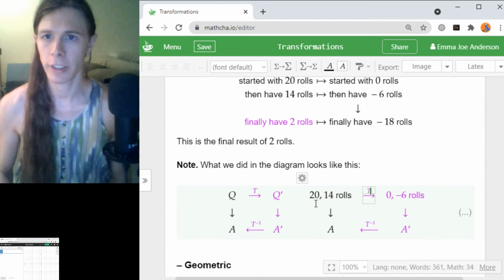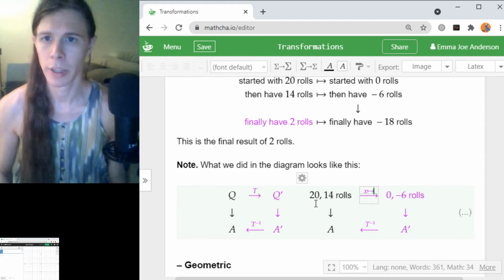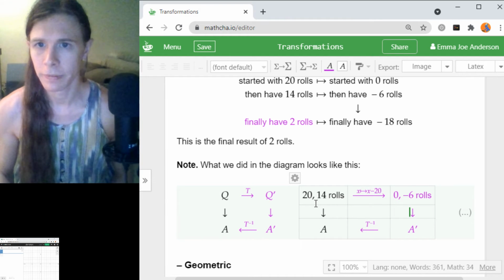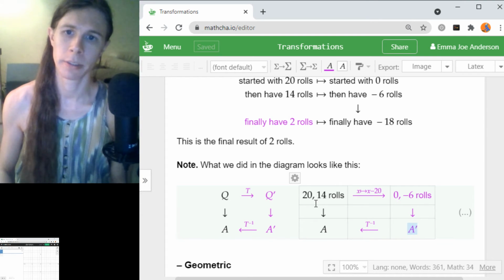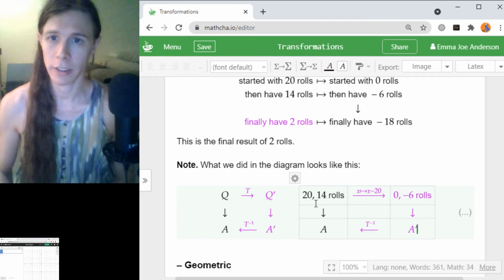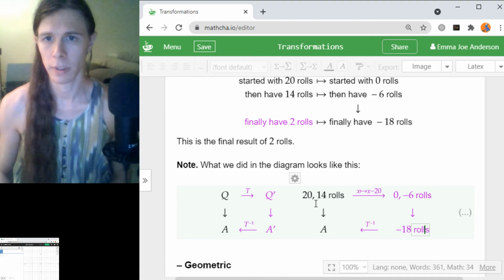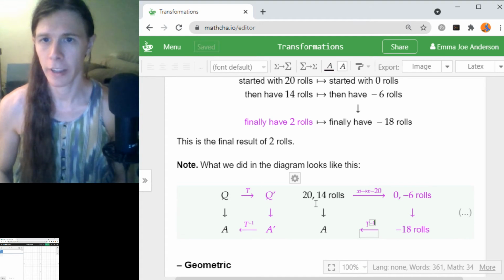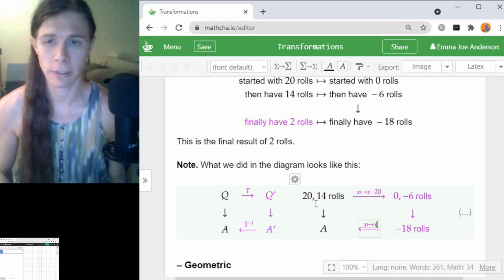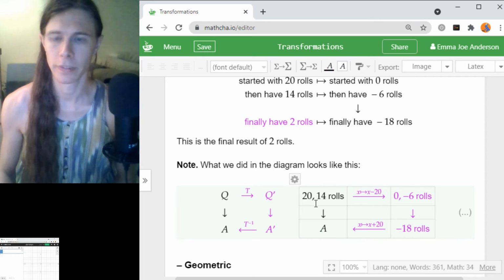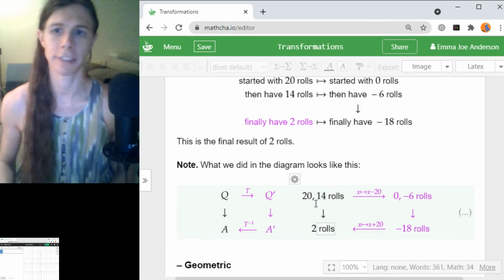And that was using the transform x maps to x minus 20. Then we got the answer of negative 18 rolls. And then we undid the transform with the inverse, adding 20. And that got us the 2 rolls, the answer we wanted.